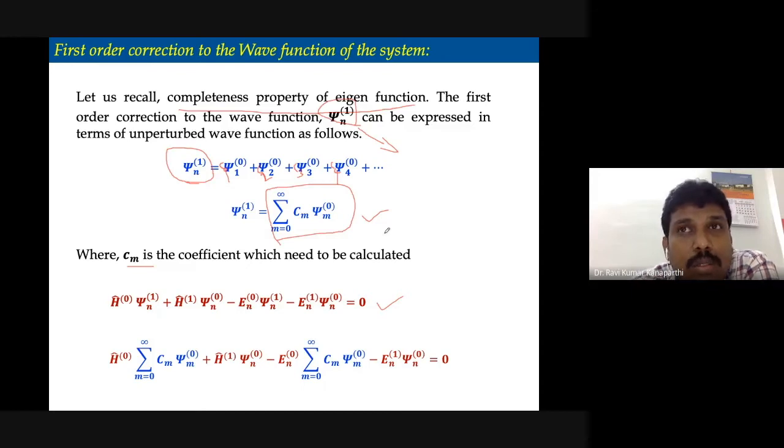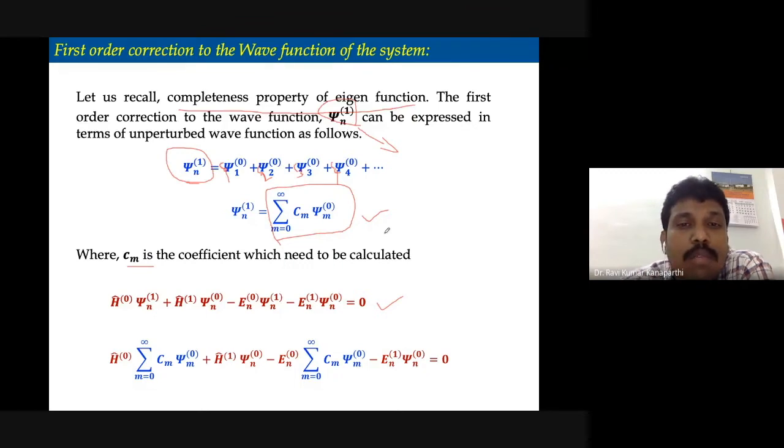Since we are considering the first order correction to the wave function as an arbitrary wave function, which we don't know, we have to calculate it. We already know the exact solutions of the unperturbed system, and the wave functions before perturbation form a complete set.